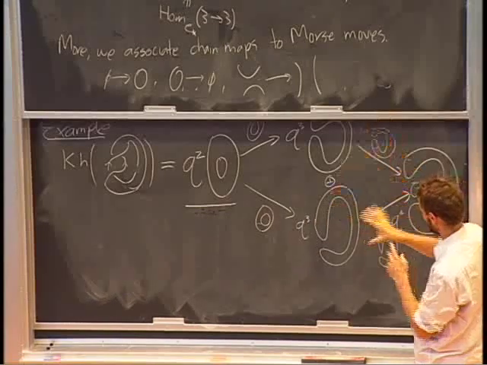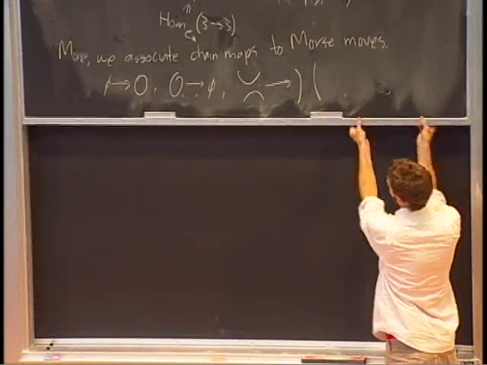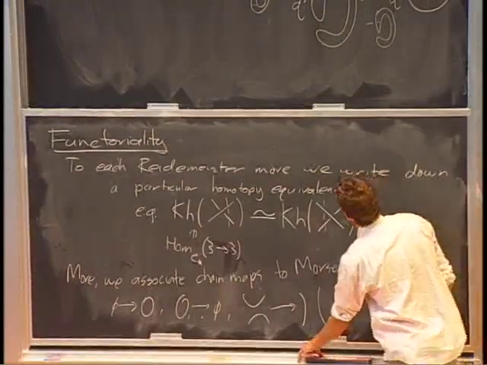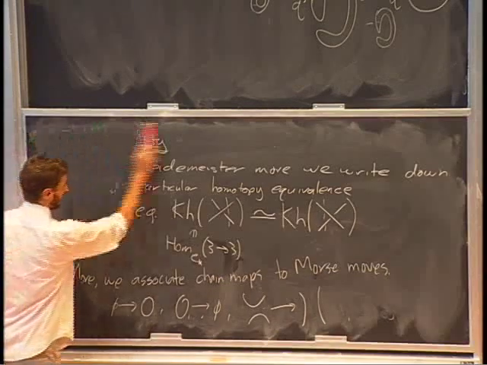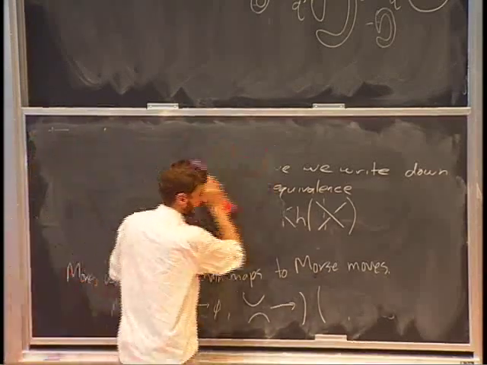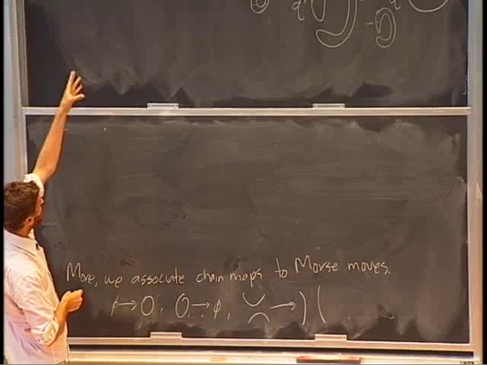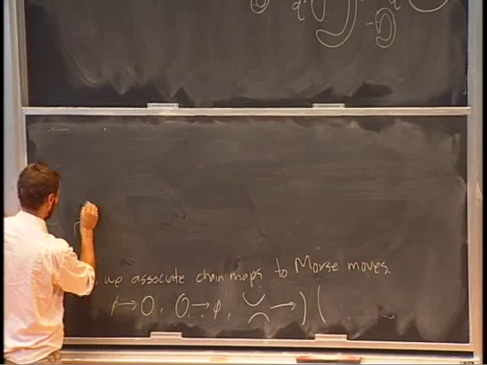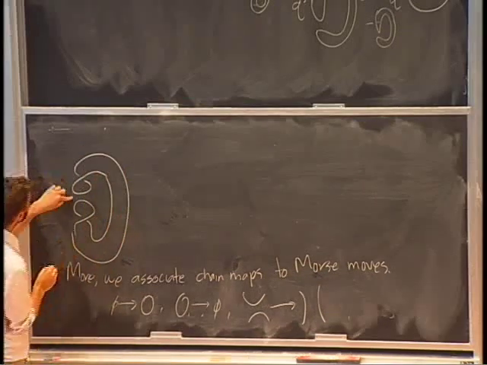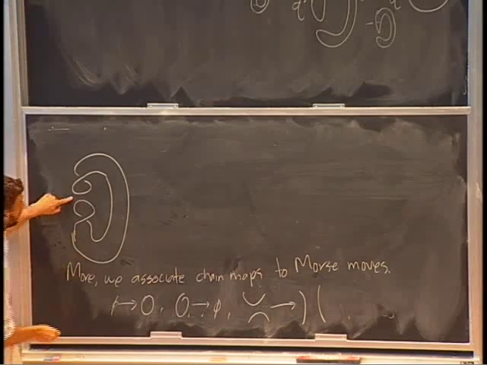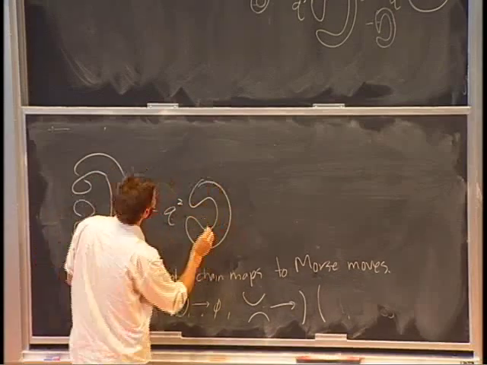So say that we want to look at the cobordism from this link to another link, say the saddle move in between the two crossings. Well, the complex for this is pretty easy.